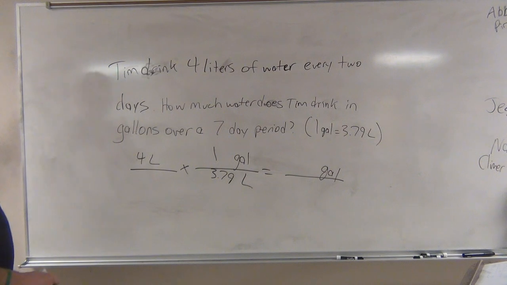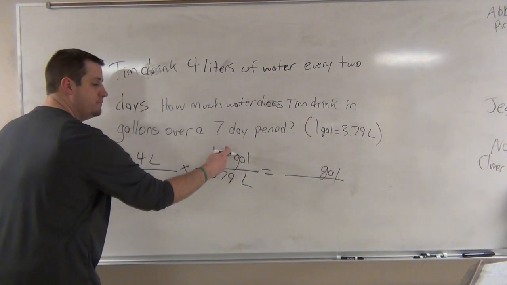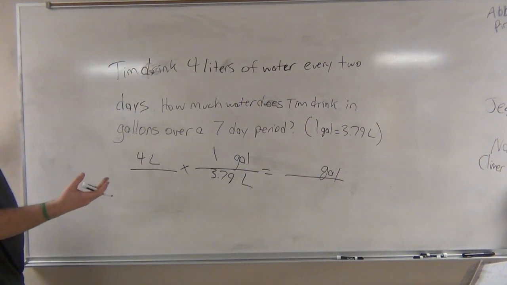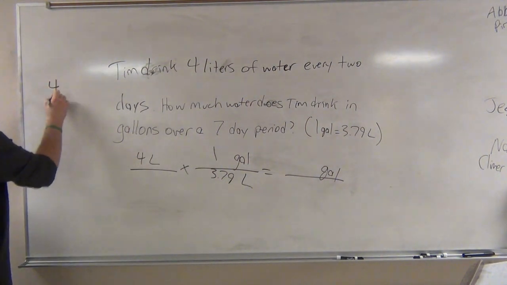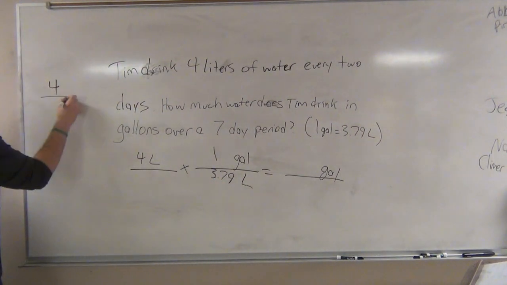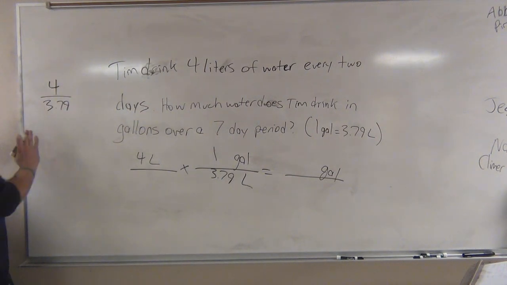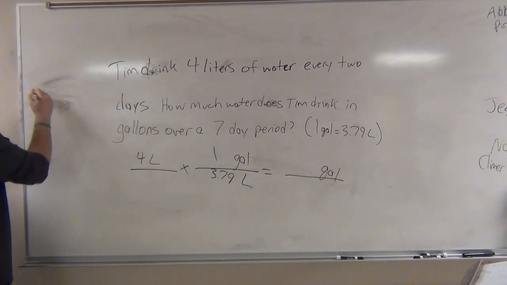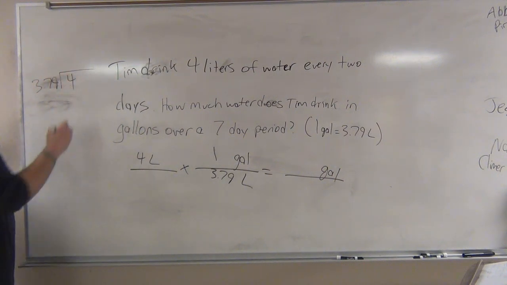Okay? Now, remember what happens when I have a 1 on the top? That means I'm going to end up doing a division problem because 4 times 1 is 4, and then this times 3.79 is 3.79. That's a division problem. So, my problem is 3.79 divided into 4.